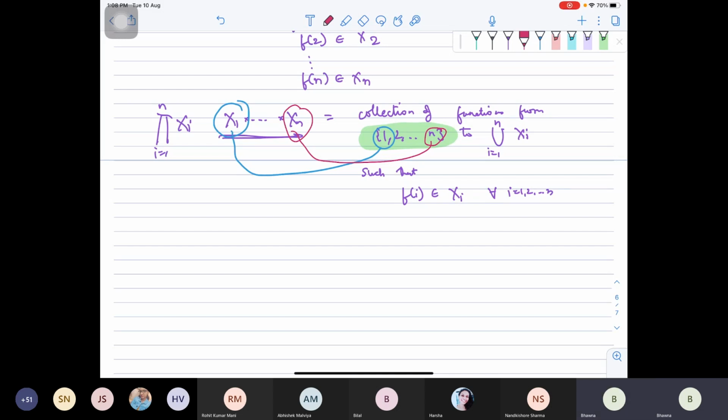So in this definition of the Cartesian product, we just replace the fixed position order by a particular index set. That is actually a one-to-one correspondence between the index set I and the corresponding family of sets.